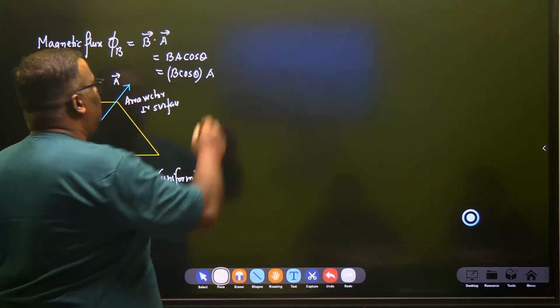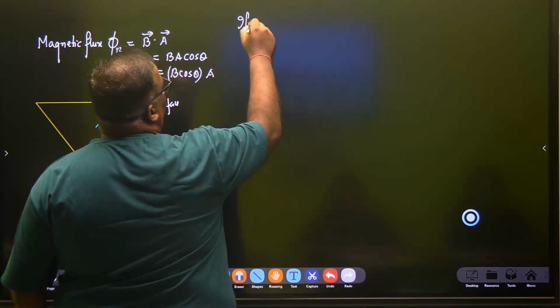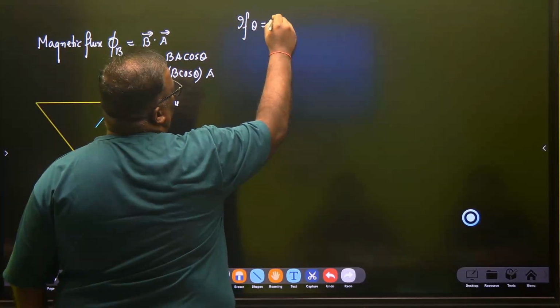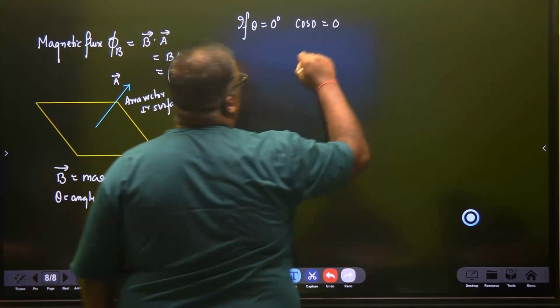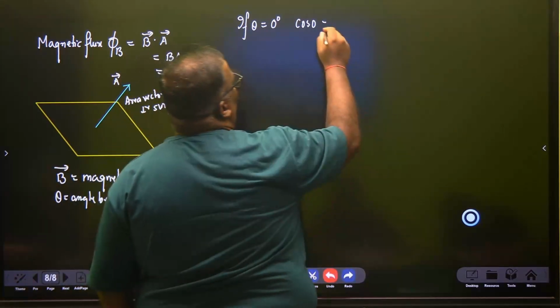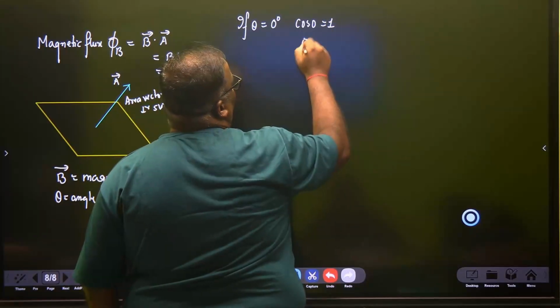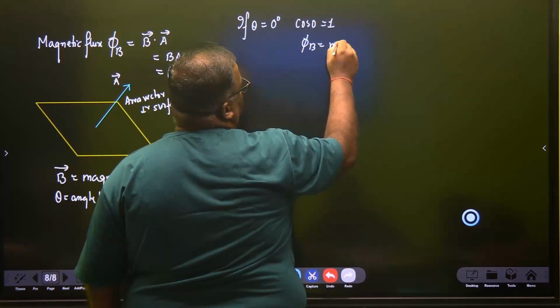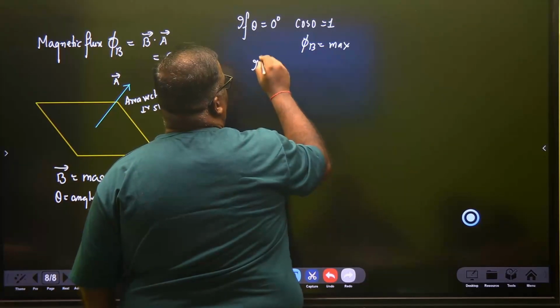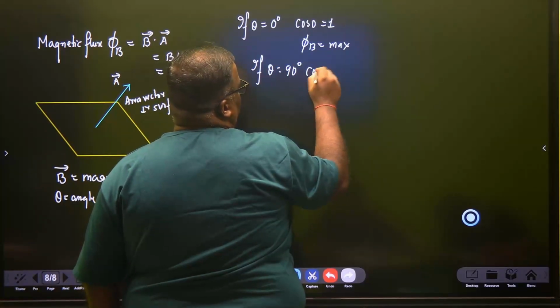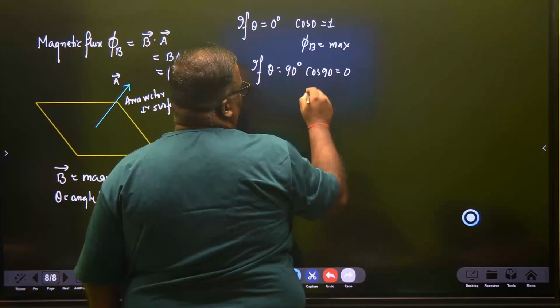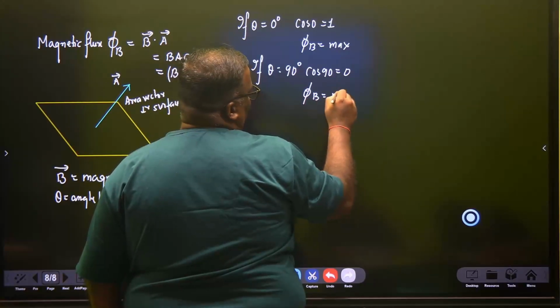So can we write here, if theta is equal to 0 degree, then cos 0 is equal to 1. Phi B is max. If theta is equal to 90 degree, cos 90 is equal to 0, phi B is equal to minimum.